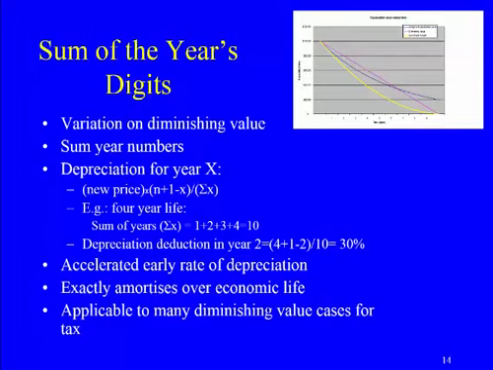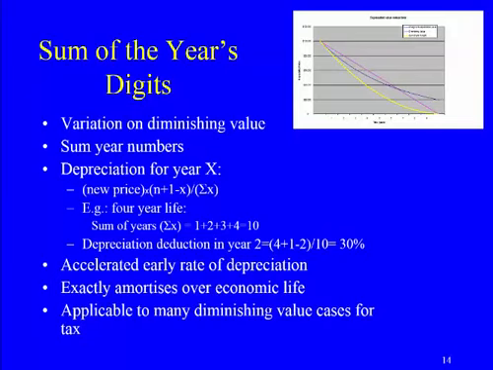This means that if an asset has a 10-year working life, you work out how much to depreciate it by comparing how old the property is compared to the sum of 1 plus 2 plus 3 plus 4 plus 5 plus 6 plus 7 plus 8 plus 9 plus 10, the sum of the year's digits. And on the slide you can see the exact calculation that you use.